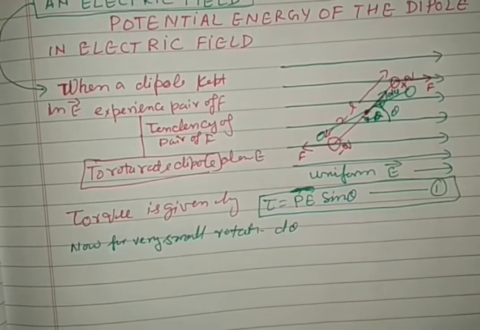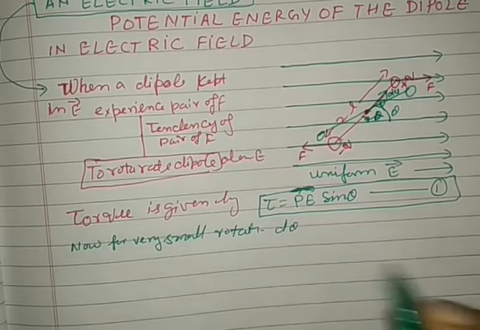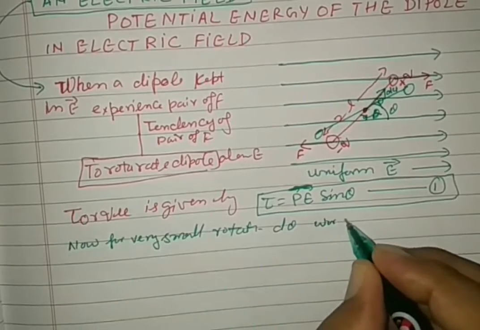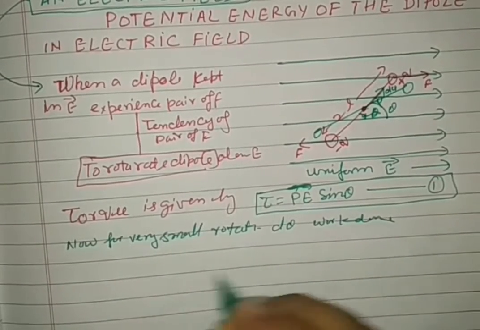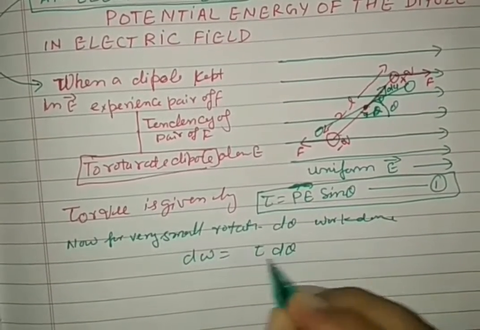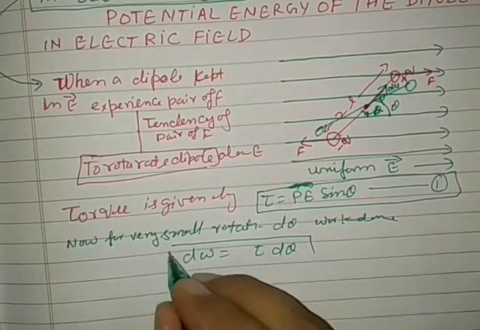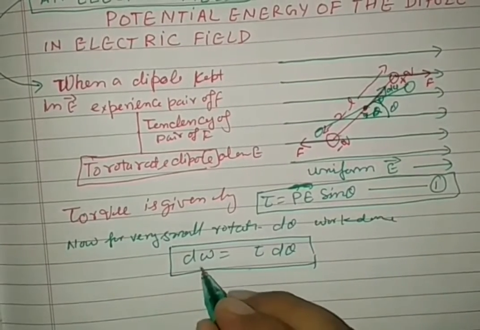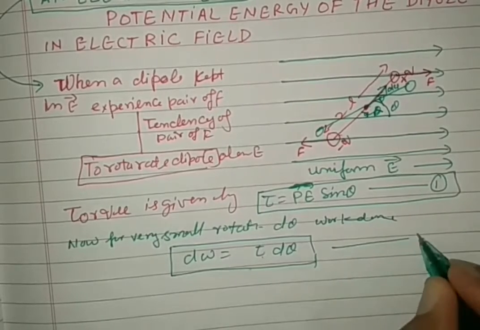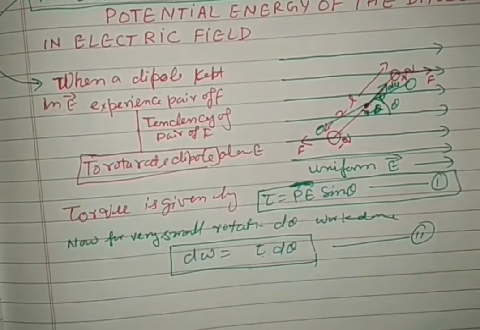For the very small rotation, the work done dW is equal to tau d theta. In rotatory motion, the work is equal to torque into angular rotation. It is represented by equation 2.